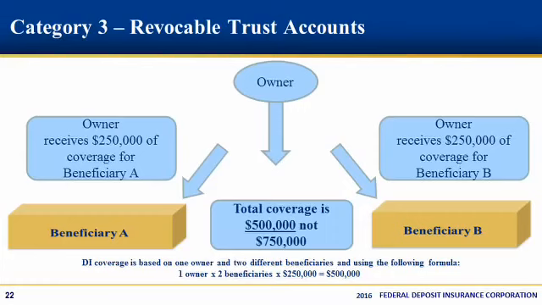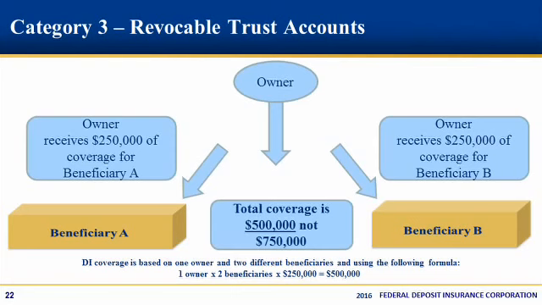This is incorrect. Remember, to determine deposit insurance coverage, we take the number of owners and multiply it times the number of beneficiaries and multiply it times $250,000. In this example, the calculation is one owner multiplied times two beneficiaries multiplied times $250,000, which results in $500,000 of deposit insurance coverage.